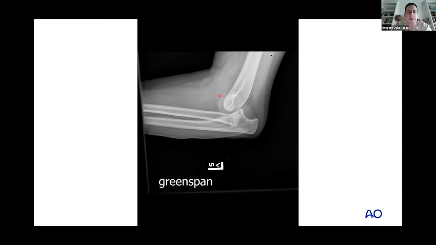So don't think about it as the coronoid being fractured and you lose necessarily the buttress against the elbow dislocating posteriorly, which does happen. Think about it more along the lines of that coronoid fracture fragment being a flag, and it has anterior capsule attached to it. And that's the big problem with these.